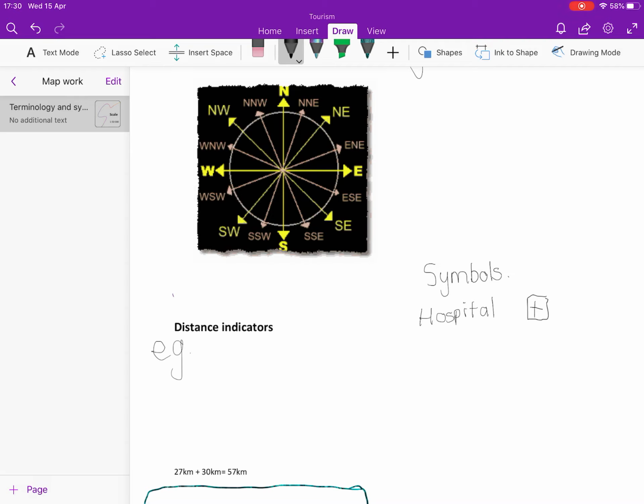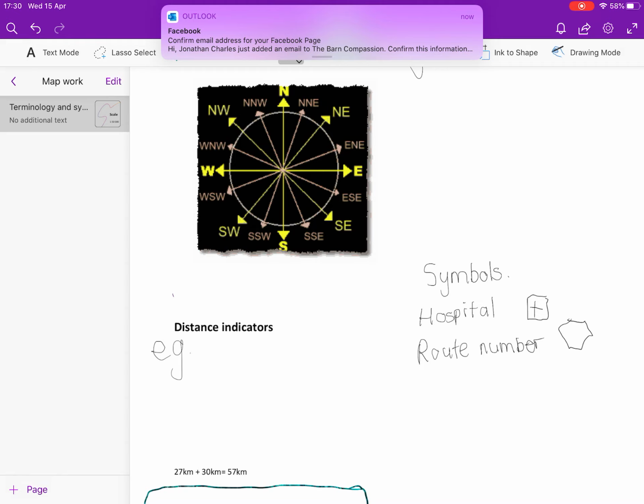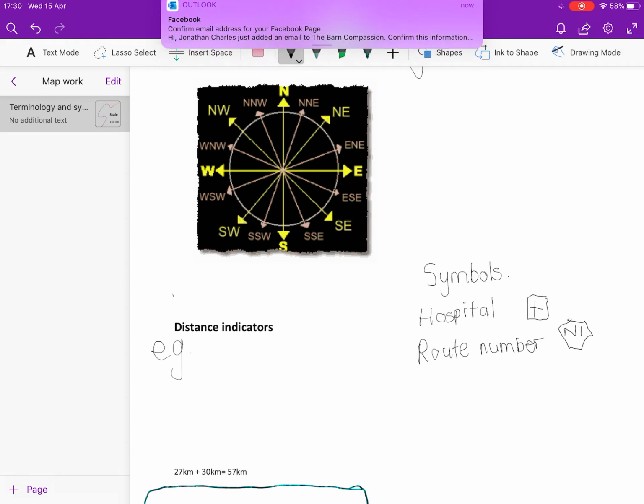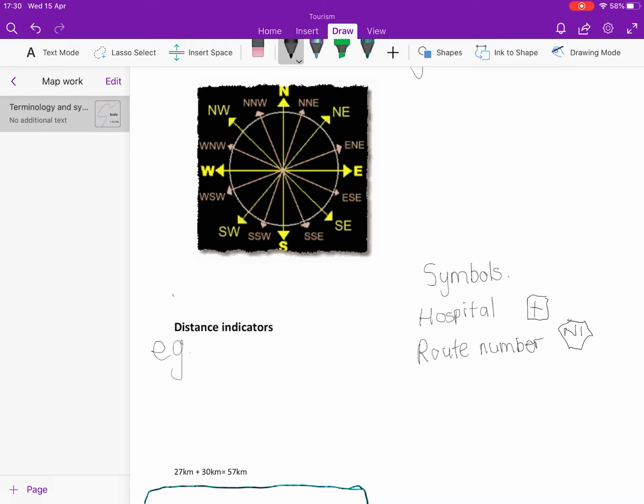We will need something like national routes. So a route number, this is like your N1 or your R21, and that looks something like this. N1.